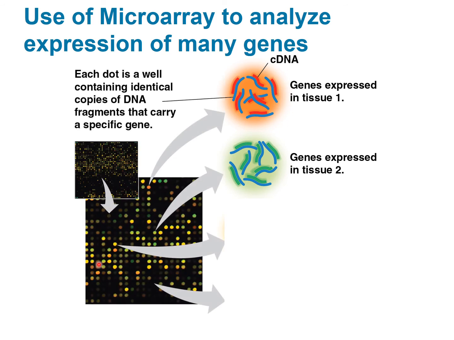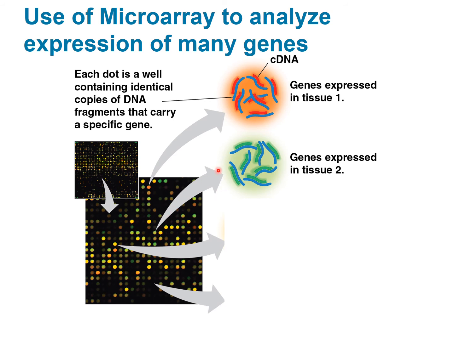So if we look at them, we have this microarray analysis right here. Each of these dots is going to be a well containing copies of the DNA fragments that carry these specific genes. So when there's just a red dot, this means that these genes are expressed in tissue 1.